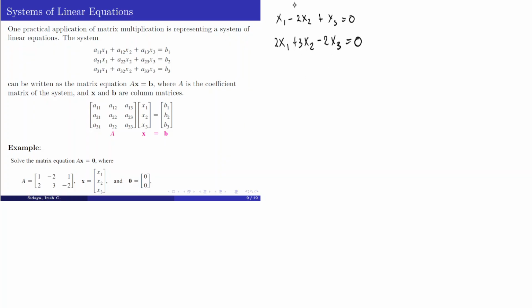So the augmented matrix of this system is given as 1, -2, 1, 0, 2, 3, -2, 0. Now let us solve the system by applying Gauss-Jordan elimination to this matrix.